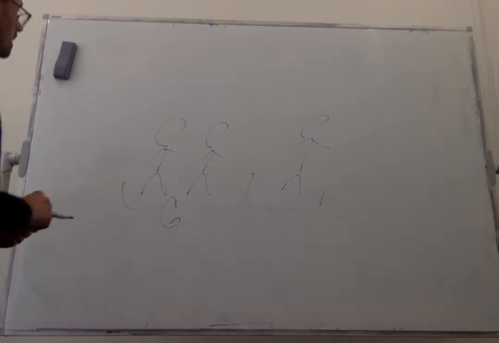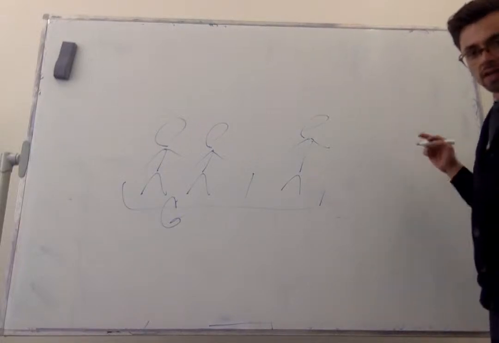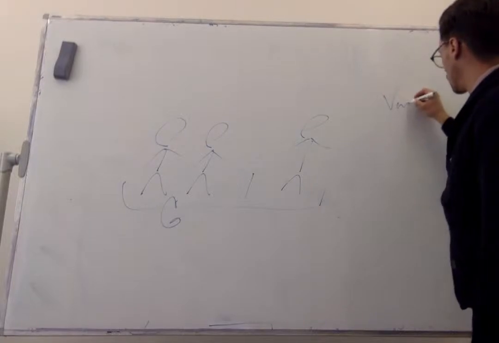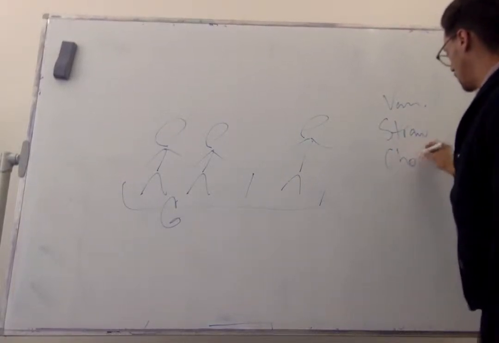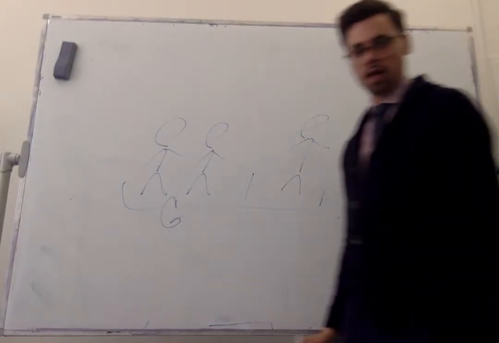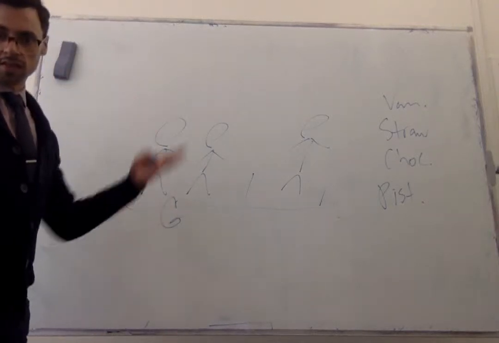So in particular, let's say that the whole population has preferences about four different flavors of ice cream. Let's say vanilla, strawberry, chocolate, and pistachio. And so individuals will have different preferences over these types of ice cream.